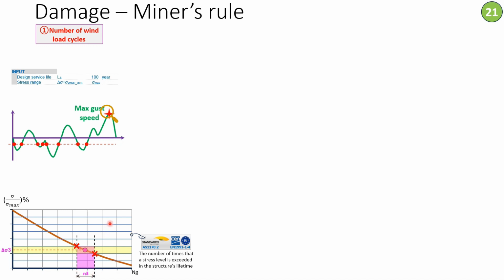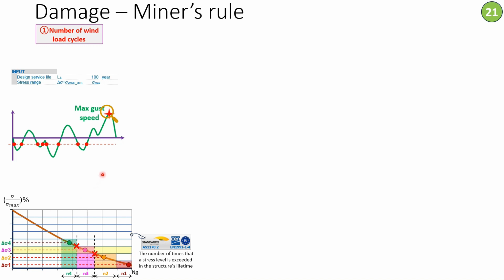We can repeat that for different stress levels at different stress segments. So let's say for delta sigma 1, this stress increment is going to happen and the structure will be subjected to it for a number of cycles equal to small n1, determined by the points of intersection of the stress segment with the graph itself. Let's do that again. For this stress segment, delta sigma 2 will happen for a number of cycles equal to small n2, determined by the points of intersection of this stress segment with the graph itself.